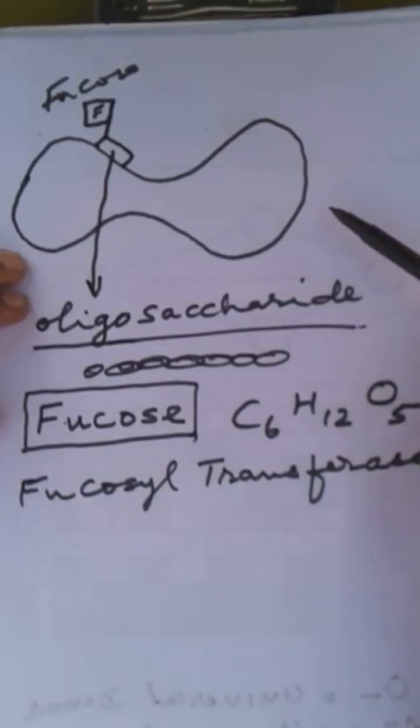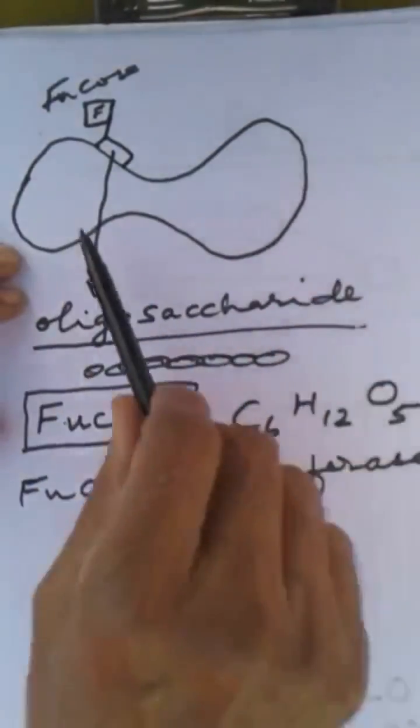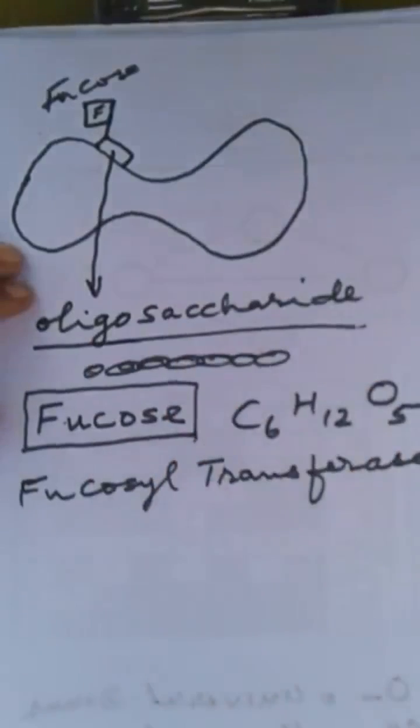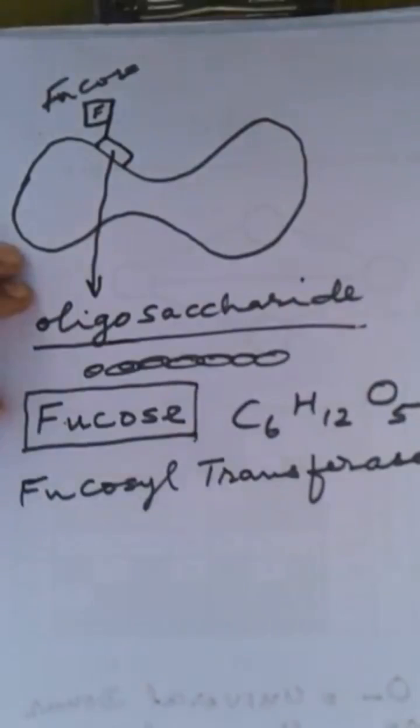That is the pro-erythroblast stage. You know, the development of erythrocytes takes place in bone marrow. Not only red blood cells, all the cells are born in bone marrow.